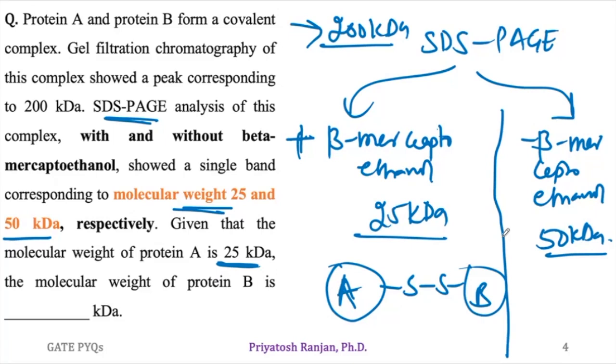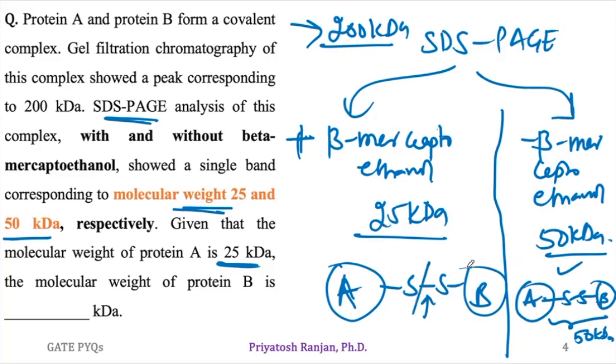I'm getting a band of 50 kilodalton, which makes much more sense, because when I'm not making use of beta-mercaptoethanol, the disulfide bond will not be cleaved and I'll get a band of the AB complex, which is 50 kilodalton.